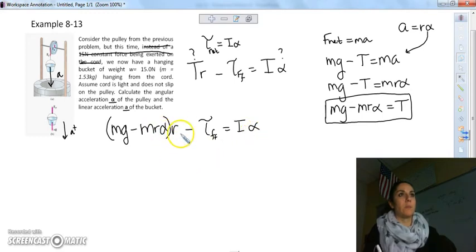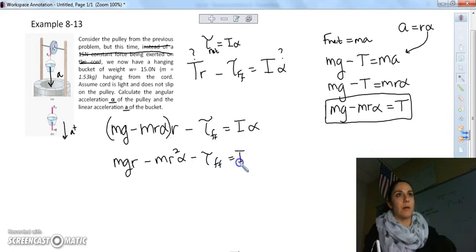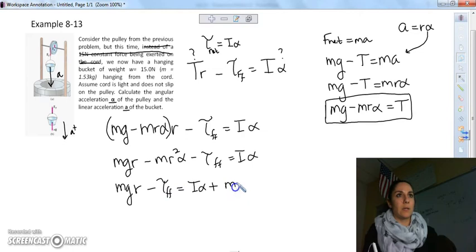So first I'm going to distribute this R. So what I get is mgR, minus mR squared alpha, minus the torque by friction is I alpha. Combining the alphas, because that's what ultimately we're going to solve for, this all comes over and becomes added. So I get mgR minus the torque by friction equals I alpha plus mR squared alpha, like that.